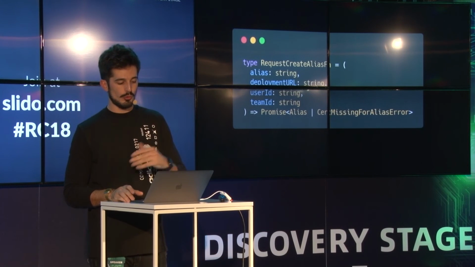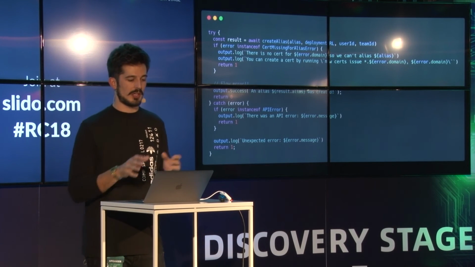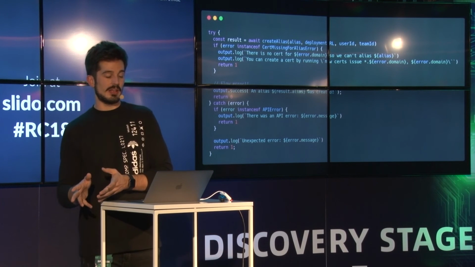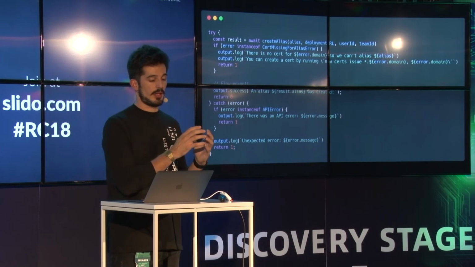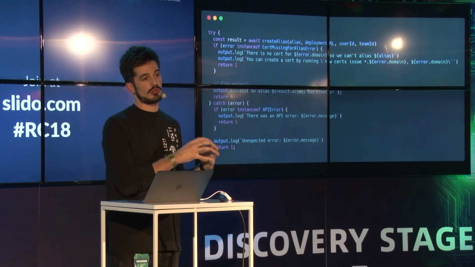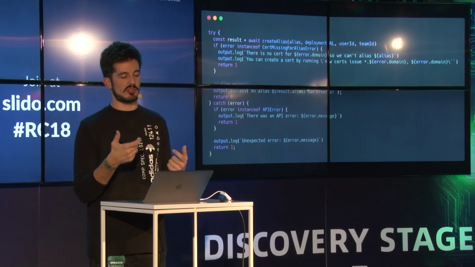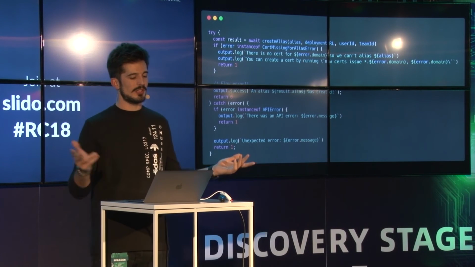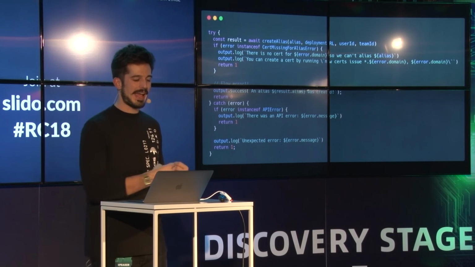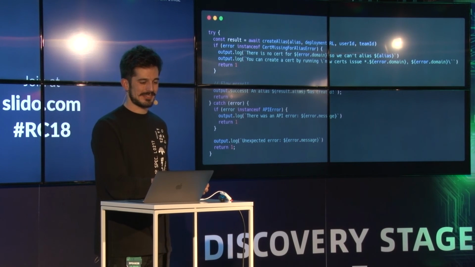And then when you consume the function, you say, call this operation create alias, pass these string parameters, and then pattern match the result against the instance of a cert missing for alias error. Then you get a false result, and you say, okay, so it went successfully, I'm going to print the alias.